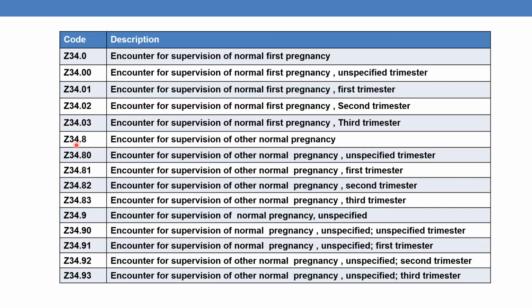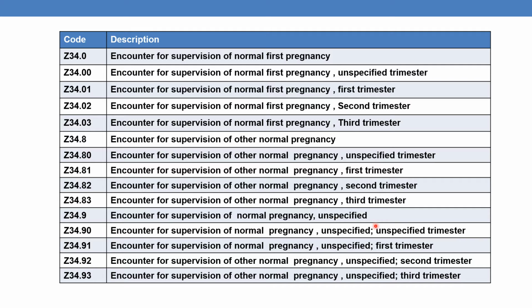Next, the Z34.8 series is given for encounter for supervision of other normal pregnancy, not the first normal pregnancy. 0 indicates unspecified trimester, 1 indicates first trimester, 2 indicates second trimester, 3 indicates third trimester. And finally, Z34.9, encounter for supervision of normal pregnancy unspecified, where the physician did not specify which pregnancy it is, whether first, second, etc. In that case, you need to code Z34.9.